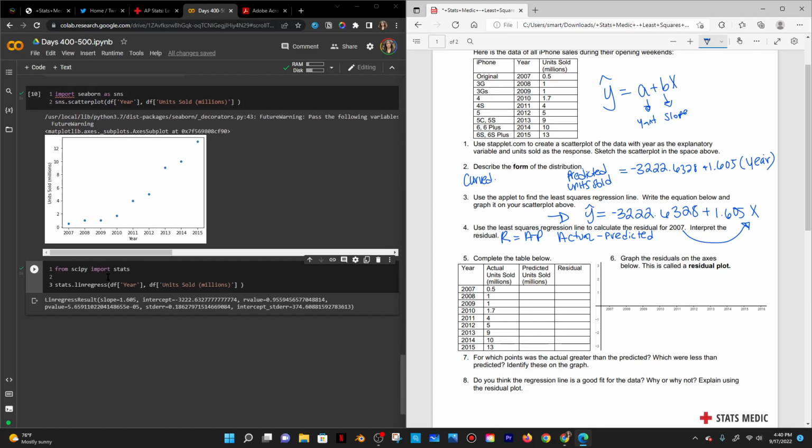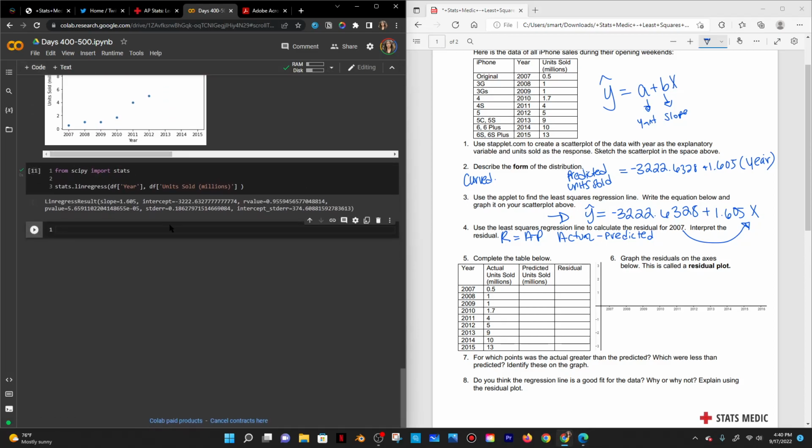So let's do that in code. Let me set it up here. I'm going to say predicted units sold is going to be equal to, and just a quick tip here: if you ever just want to get the values, because this is what it returns, you can set these to their own variables.